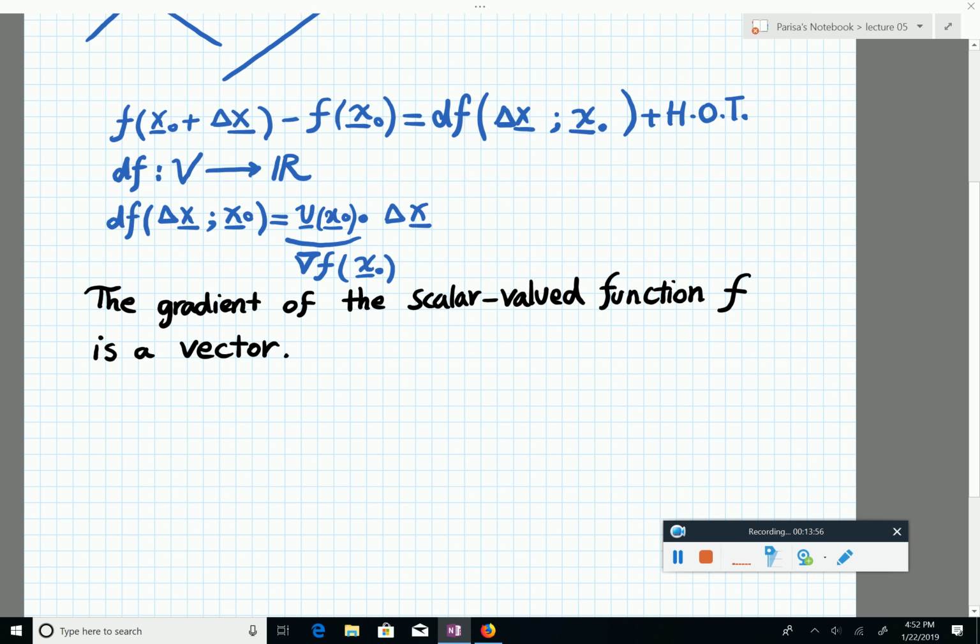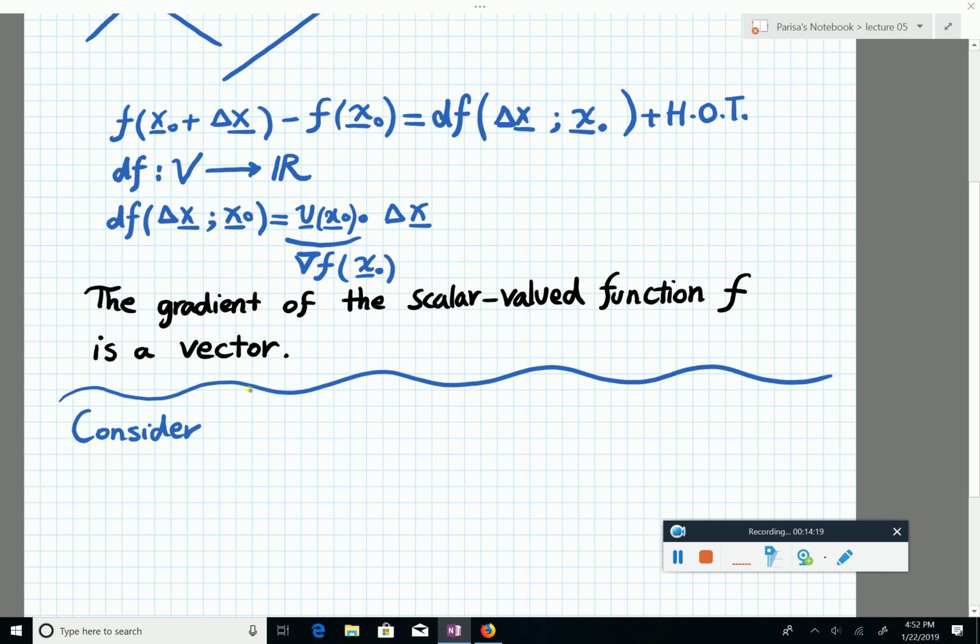Now, you can kind of see where it goes. Now, I will show you what happens if we have a function which is mapping vectors to vectors. So to have a vector valued function of a vector. I want to consider now a function, I call it v, like before.